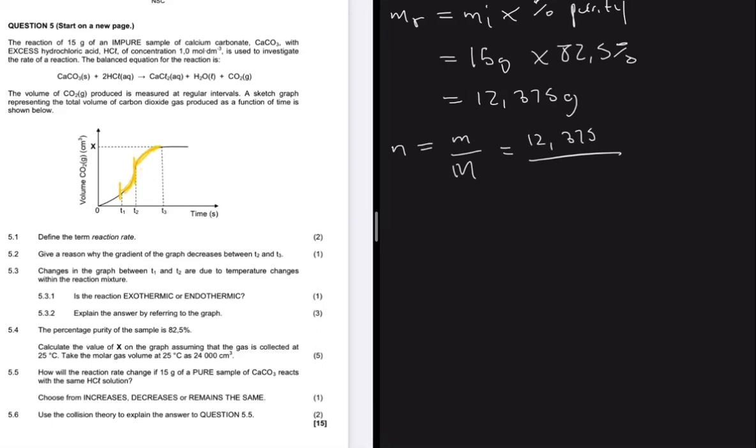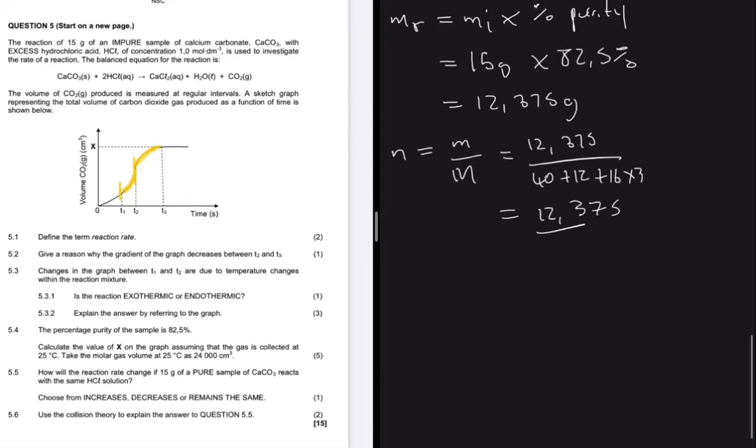For calcium, we have a molar mass of 40, and then for carbon, that's plus 12, and then for oxygen, that is 16, but we have 3 oxygen atoms, so that's 16 times 3.